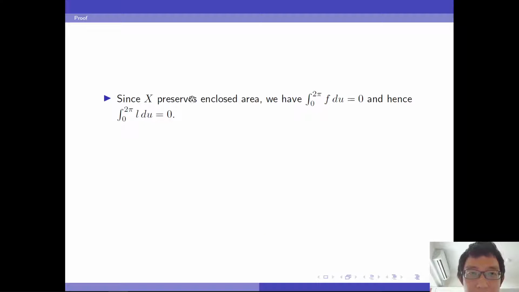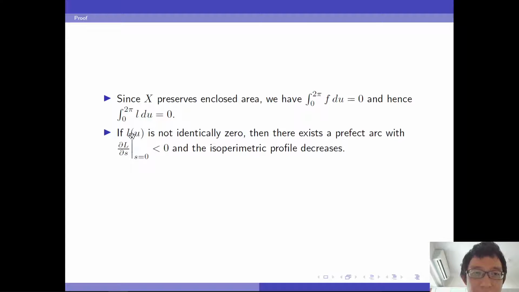Noting that since the variation of the unit disk preserves the enclosed area, this normal component of the variation has integral 0, and this implies that the integral of L is also 0. If L is not identically 0, it must be negative somewhere, which means that there exists a perfect arc with its length going down during the variation, and the isoperimetric profile decreases.